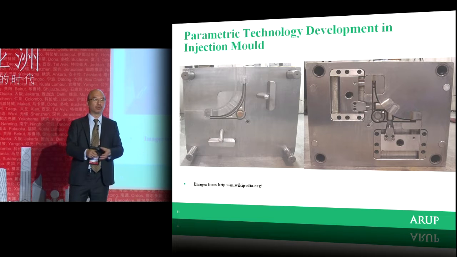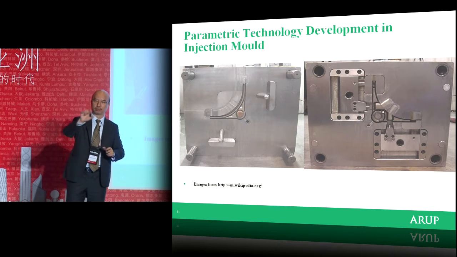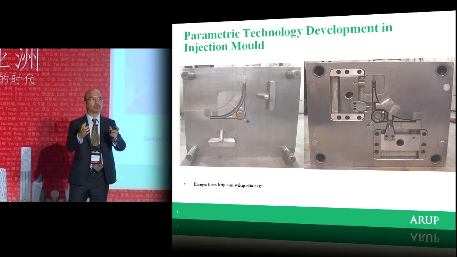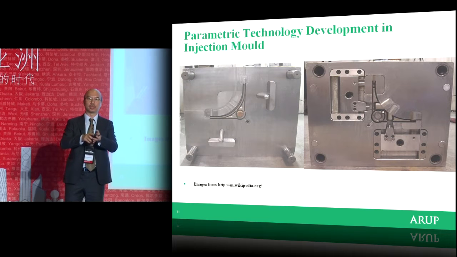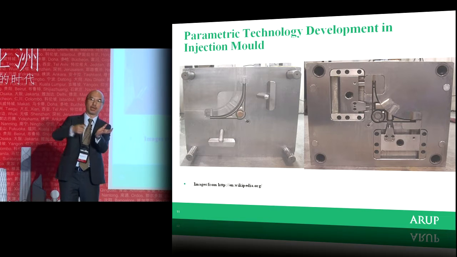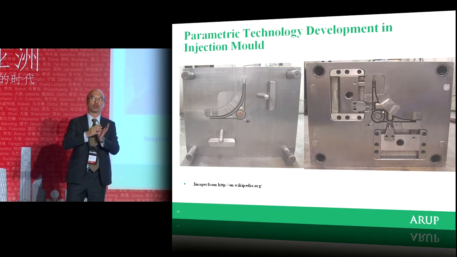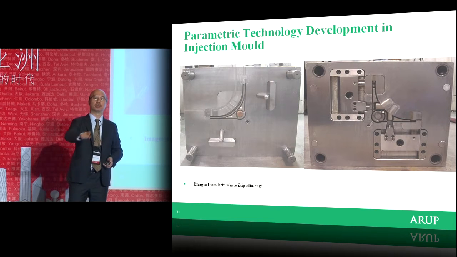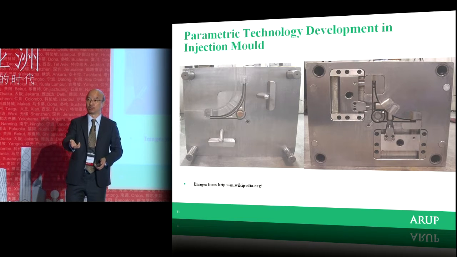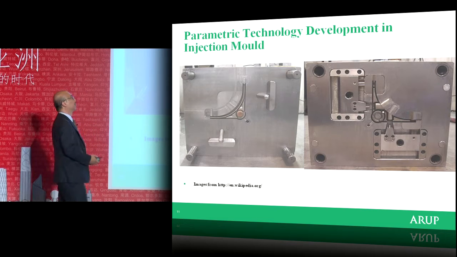What the designer needs to do is design the product, and the software will help you design die A and die B. So once we have decided the product we want, it will automatically generate the die. And then we can put a metal in an NC machine and make the mold for you. This is why we developed the parametric technology.